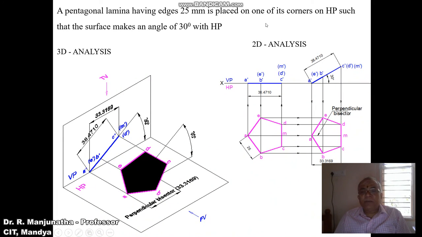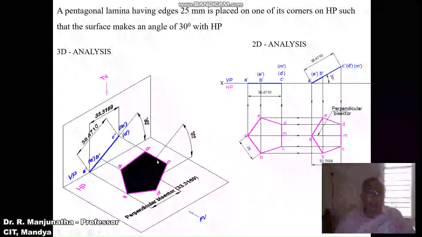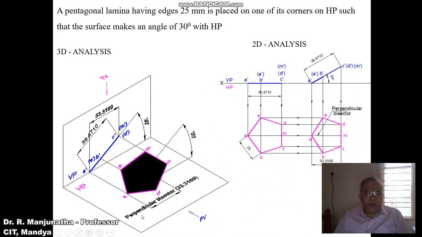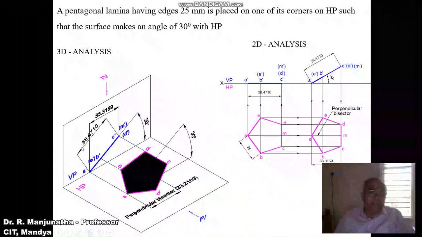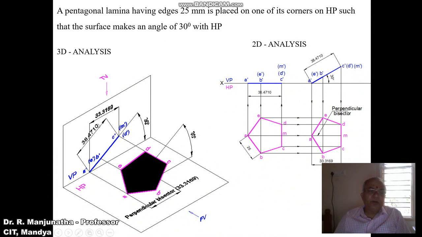Once the surface is inclined and the perpendicular bisector is inclined to HP, in the top view we will get the perpendicular bisector in apparent length, because the actual perpendicular bisector length is 38.4710, which is the true length.